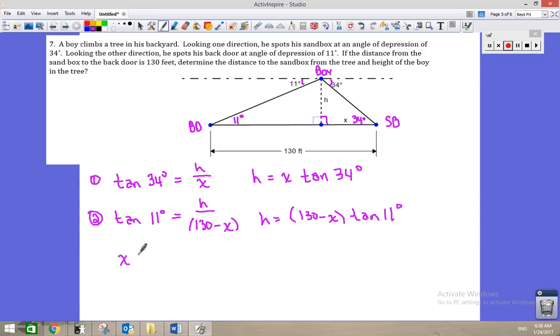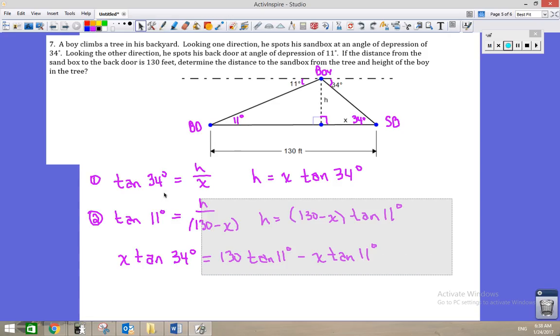Again, we've seen this in other problems. Okay, so here I should have distributed. Let's write it as 130 times the tangent of 11 minus x times the tangent of 11.